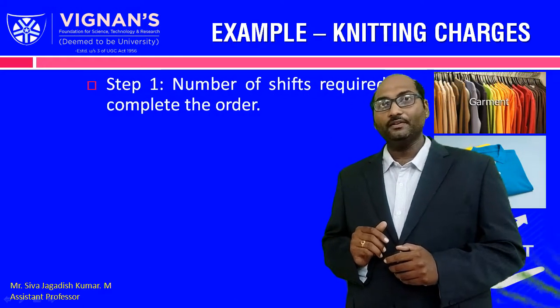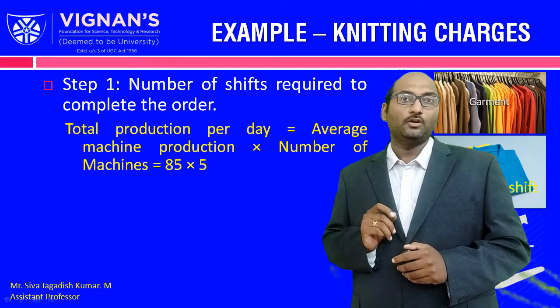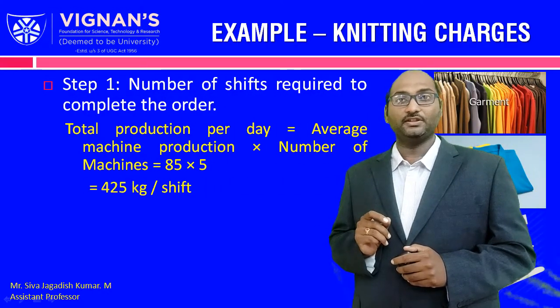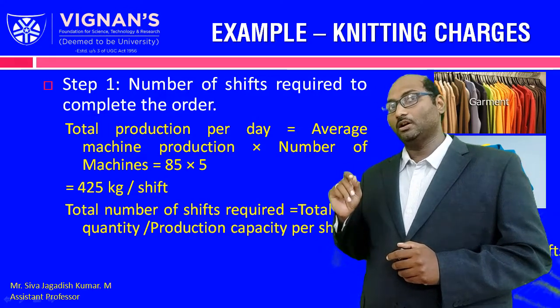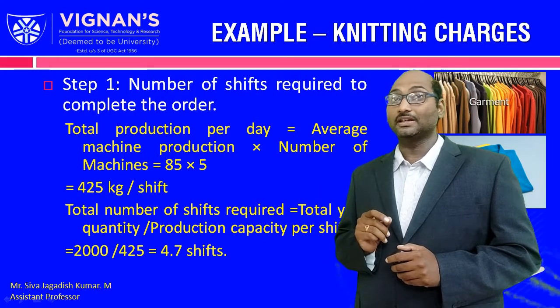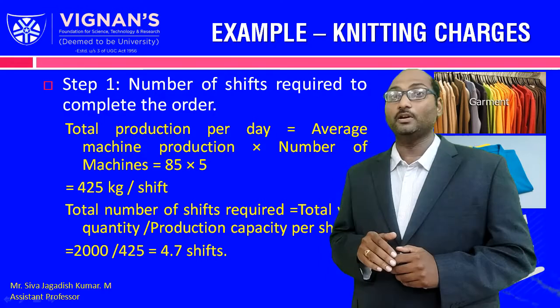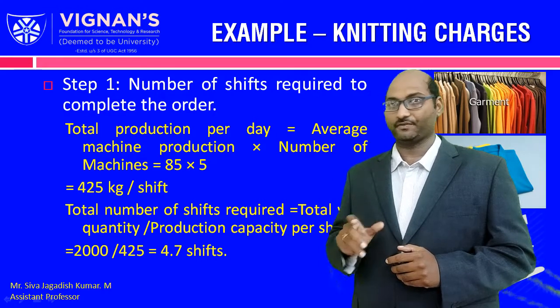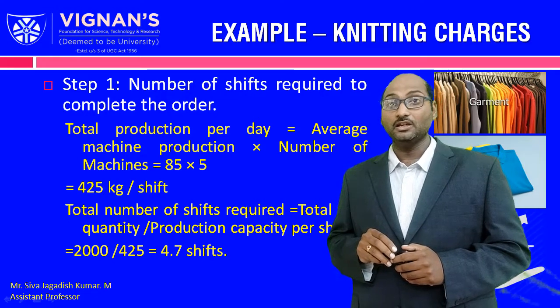Step 1 is the number of shifts required to complete this order. We know that 85 kg per machine is the productivity, and we have 5 machines. That gives 425 kg per shift.